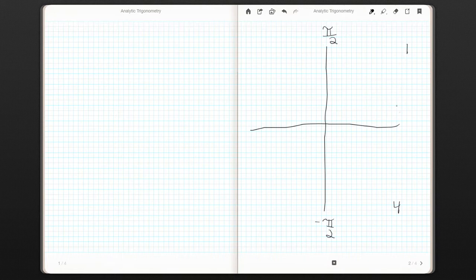Let's get the values going. Of course we have the x-intercept, which is 0. So this is 0, 0 right here, and this is just equal to 0. You have to know the unit circle pretty well to understand this, but I'll do a little review. Pi over 2 is just 90 degrees. So we got 90 here. But if you see here, there's a negative pi over 2. What does that equal?